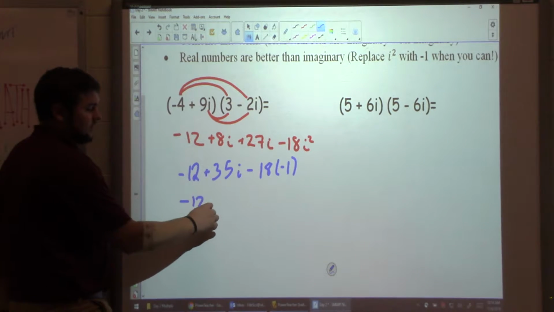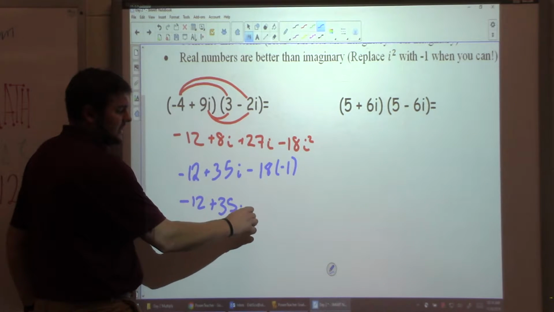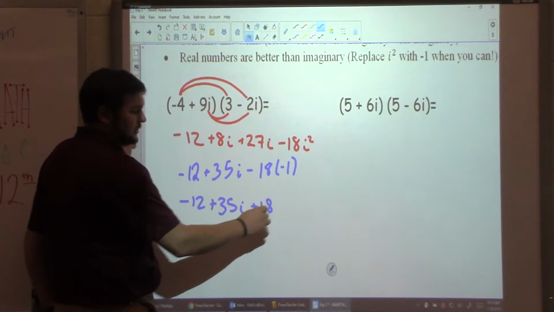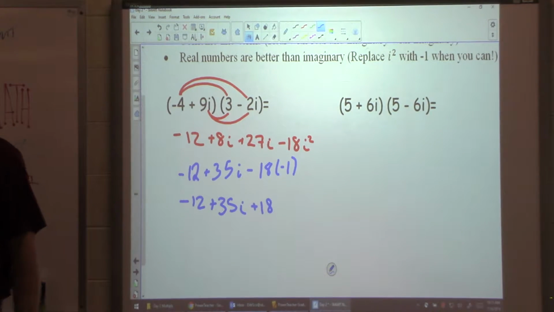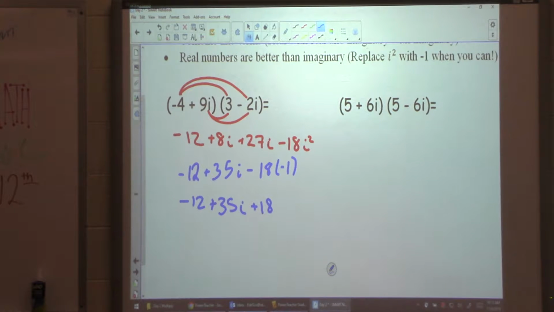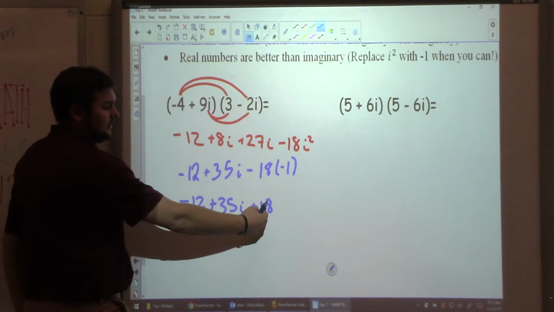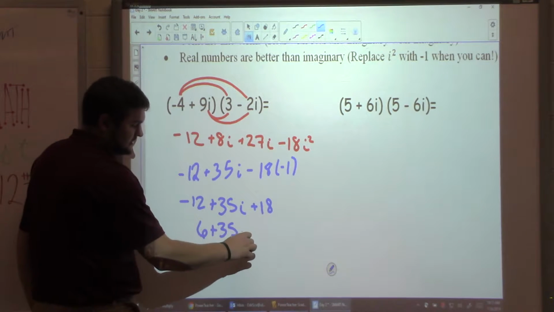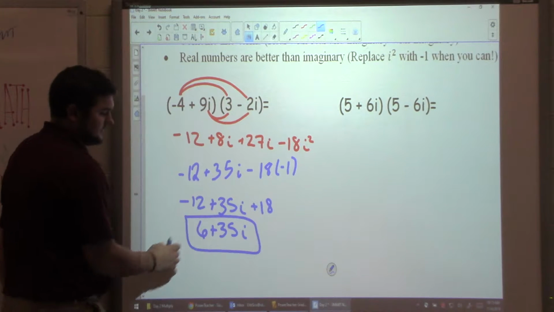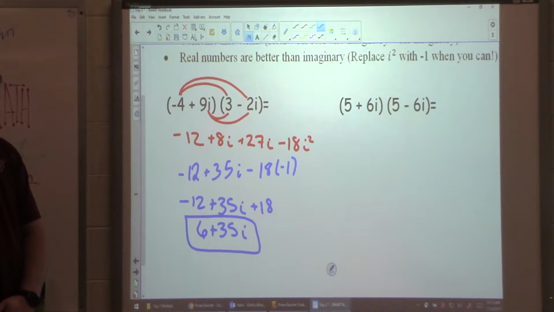So it becomes negative 12 plus 35i plus 18, right? Negative 18 times -1 will be plus 18. And last step, combine your like terms again. Negative 12 plus 18 will give me 6 plus 35i. What questions do you have on that problem?